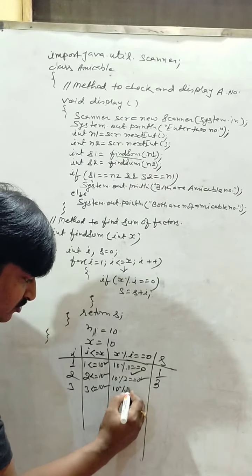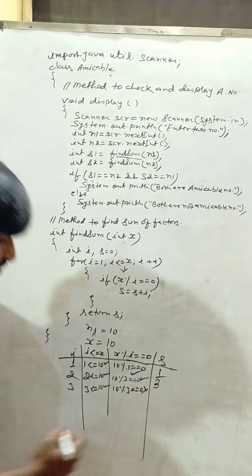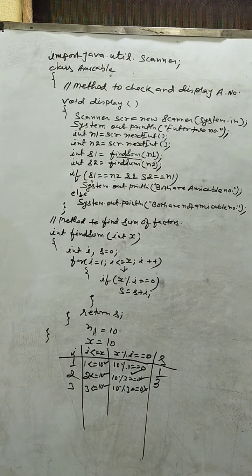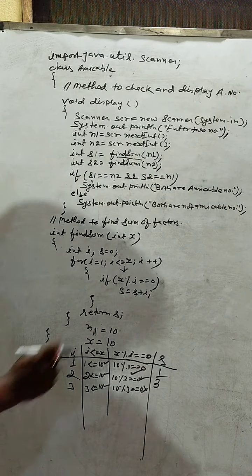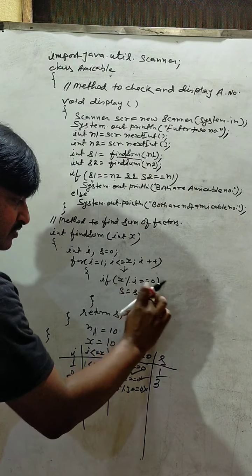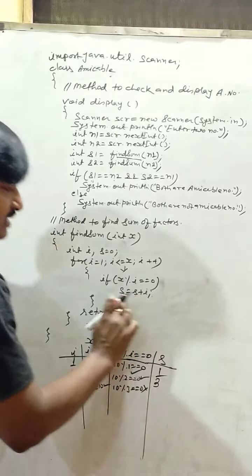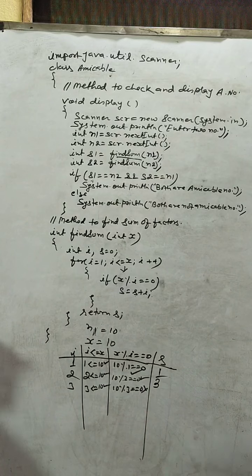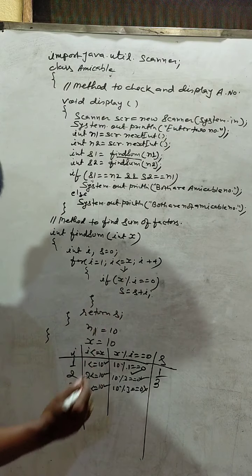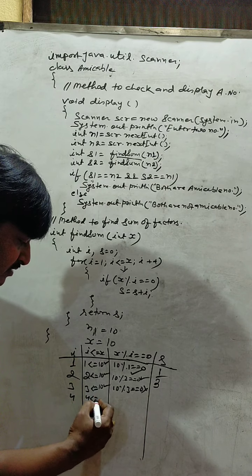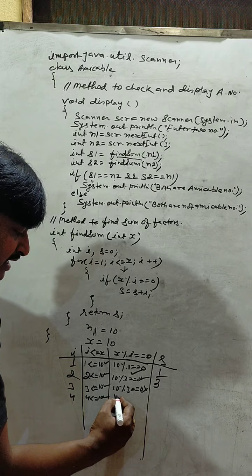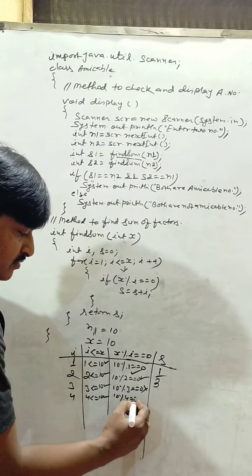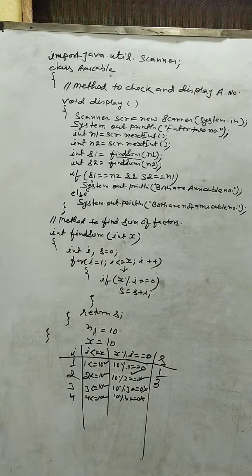But 10 mod 3 equals 0 is false, because 3 cannot divide 10. This condition evaluates to false, so the line s equals s plus i will not execute. Again i plus plus, 4. 4 less than or equal to 10 is true, but 10 mod 4 equals 0 is false.